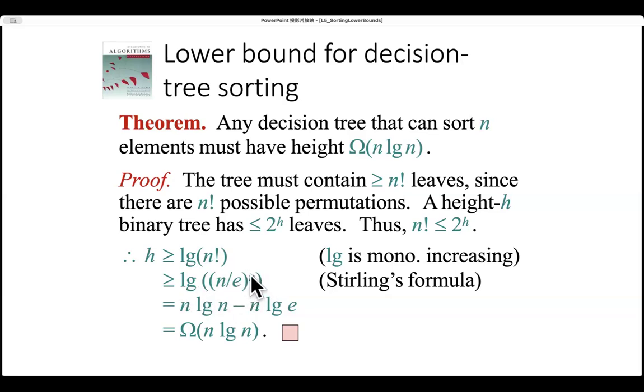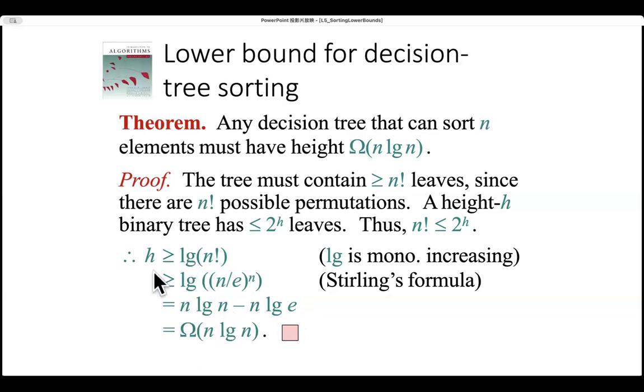You put the exponent in front, and you become n log n minus n log e, right? This log e is a constant because the log here is base 2. So n times a constant is a linear term, but the first term n log n obviously has a higher order.